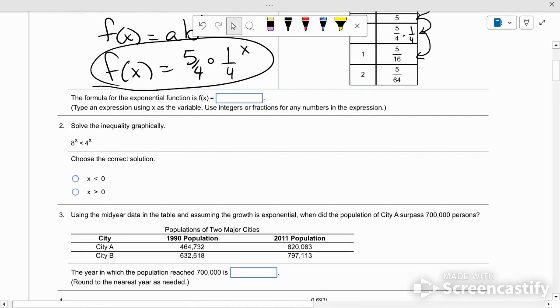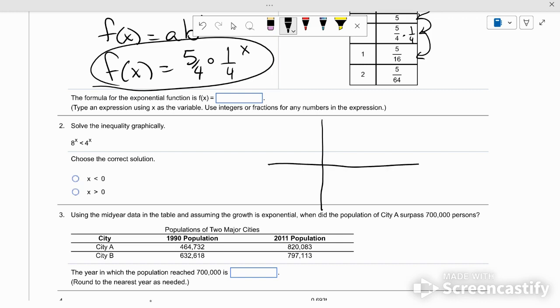Okay. And it says, solve this equation graphically. 8 to the x power, 4 to the x power. 8 to the first power is 1/8. 4 to the first power is 1/4.